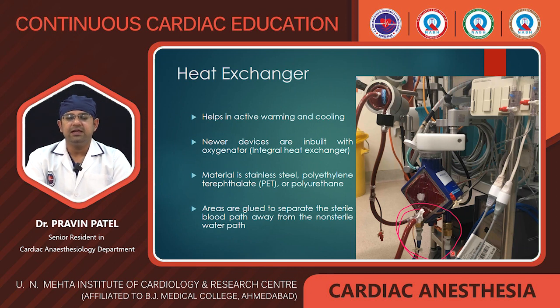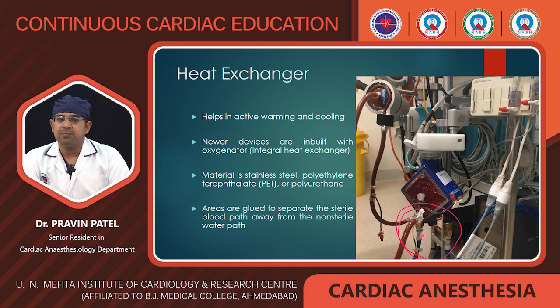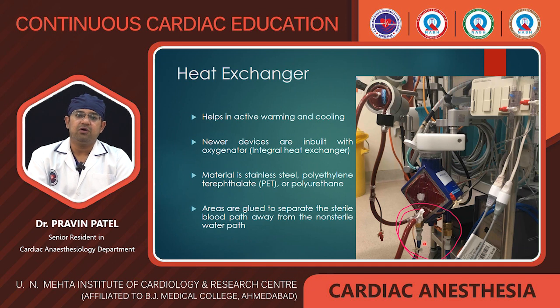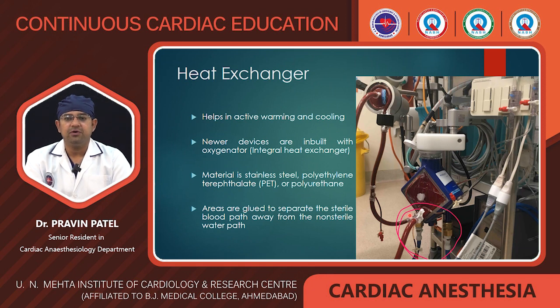The one in the red circle that you see here is the heat exchanger sockets. A very important thing in the heat exchanger is that they have to be glued to keep the sterile blood path separate from the non-sterile water path, because there are chances of infection, especially mycobacterium, which commonly affects the bloodstream.